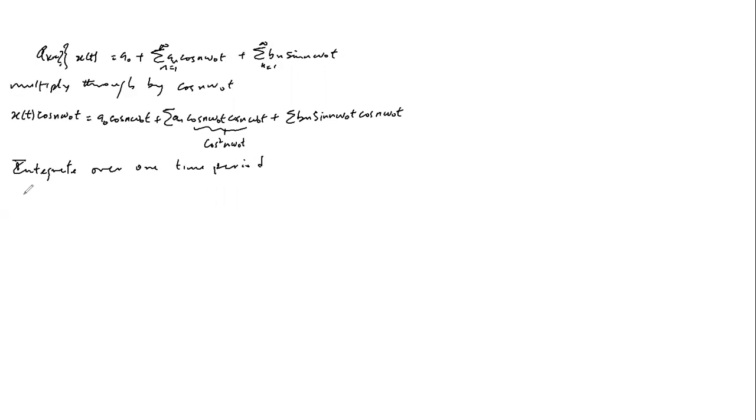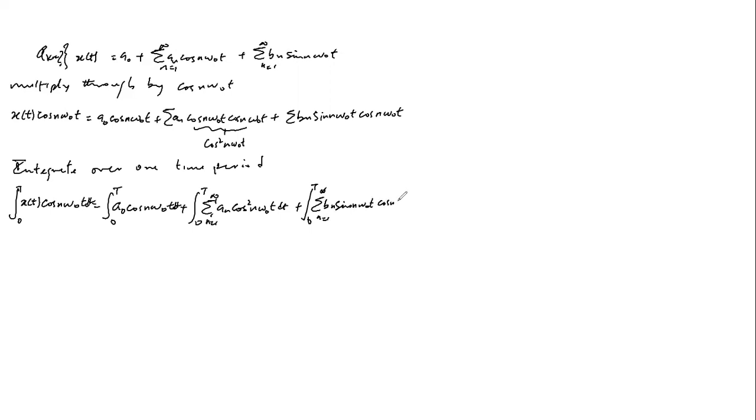Once we do that, it's the integral from 0 to T of s of t cos n omega t, which is the same as the integral of a naught cos n omega t dt, plus the integral from 0 to T of the summation of a_n cos squared n omega naught t dt, for n equal to 1 to infinity, plus the integral from 0 to T of the summation of b_n sine n omega t cos n omega t dt.